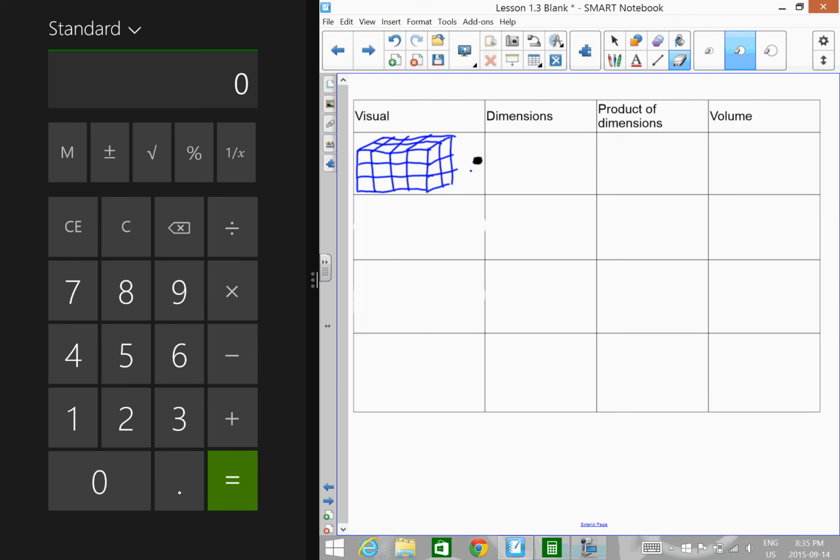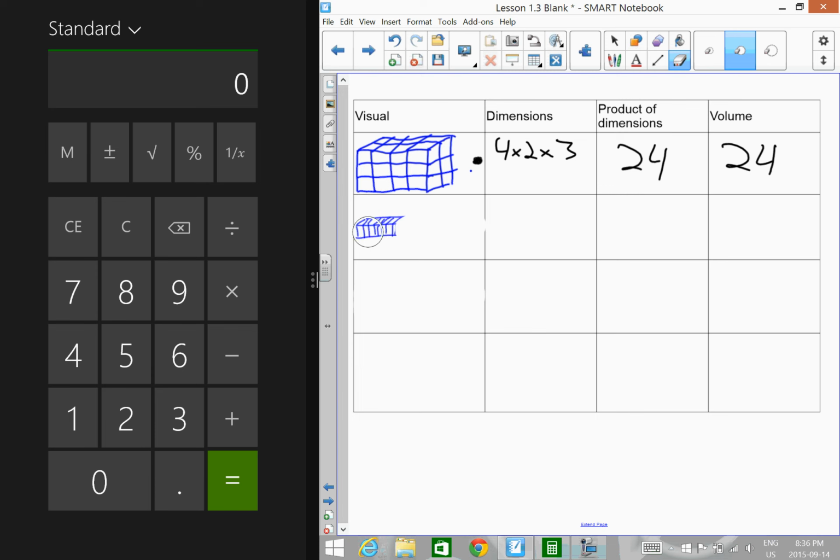As you can see, let's call this side length, the front. 1, 2, 3, a length of 4, a width of 2, and a height of 3. When you multiply these together, 4 times 2 is 8 times 3, that is 24. So what's the volume? 24. Yay. That's just one possibility.